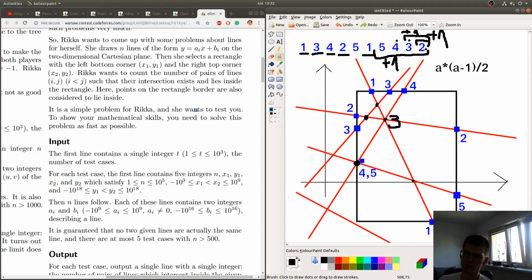Depending on your implementation, possibly you will count each intersection twice. It depends.